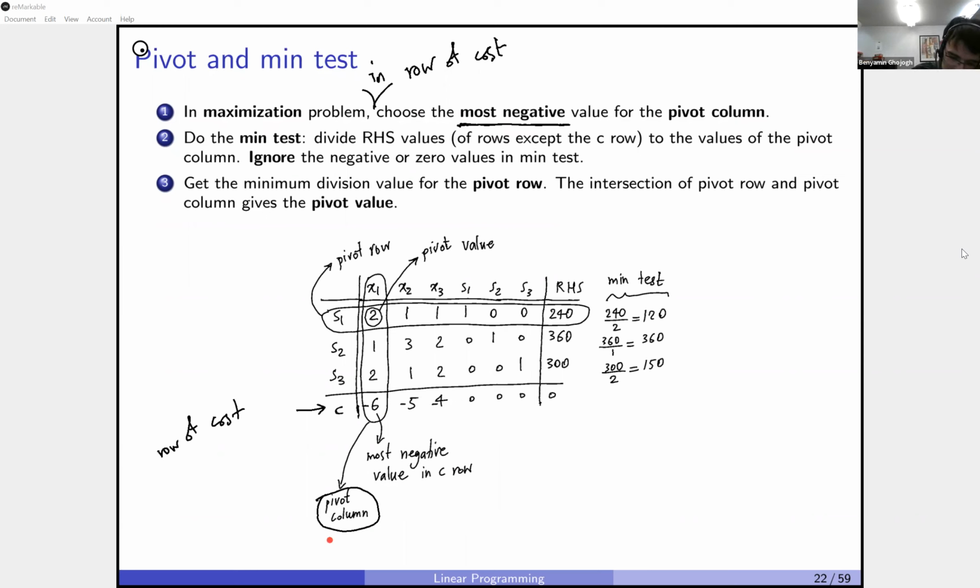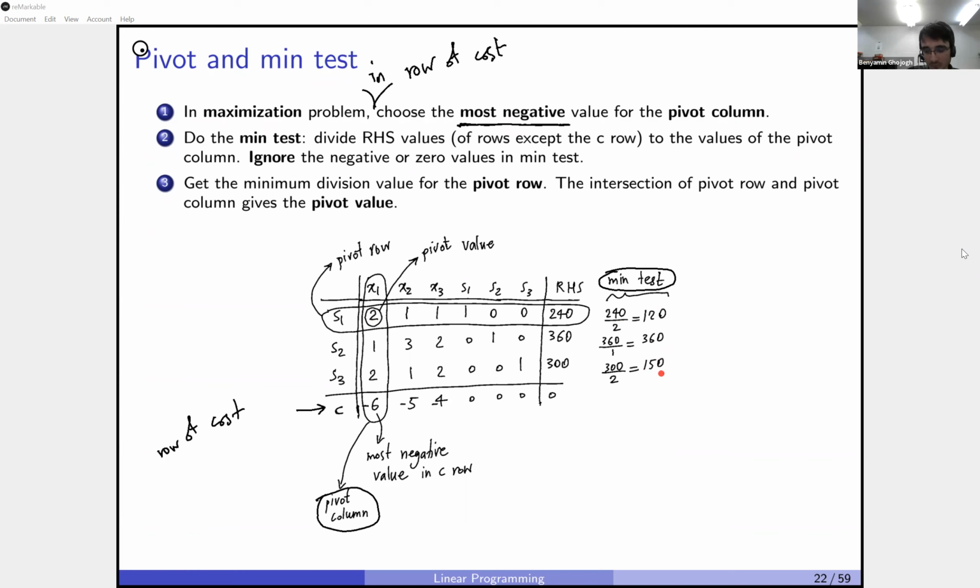So this is the pivot column, and then we do the min test. What is the min test? We divide every value of the right-hand side by the corresponding value in the pivot column. So 240 divided by 2 is 120, 360 divided by 1 is 360, 300 divided by 2 is 150.